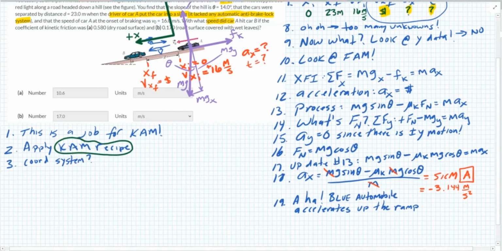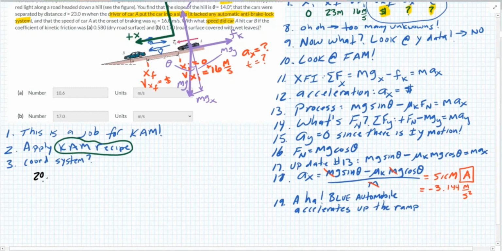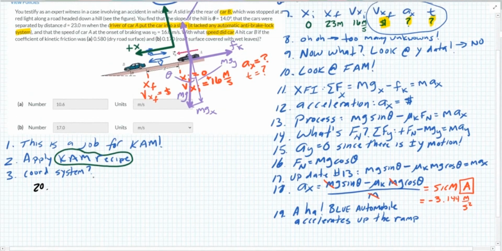Number 20, let me go over here. Back to kinematics. Okay, so back to number 7. Update number 7. Here's the new number 7. Number 7 was my table. So this now, instead of a question mark, is calculator memory location A. I figured out that number thanks to force analysis.